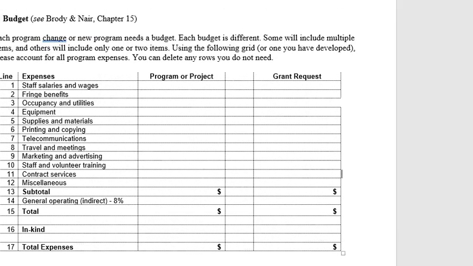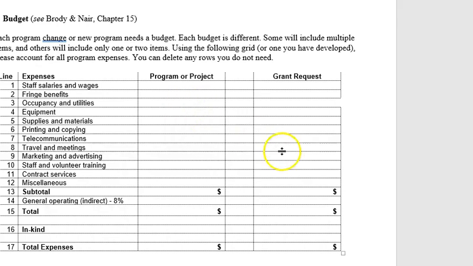In this case, you are just looking at your program expenses. And this budget is requiring you to list the costs of the program, and then how much of that cost you are seeking from your grant. It could, in theory, be 100%.